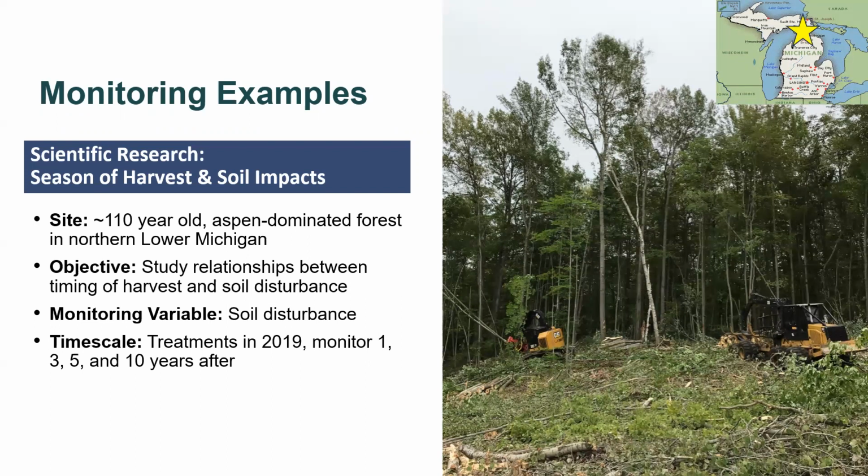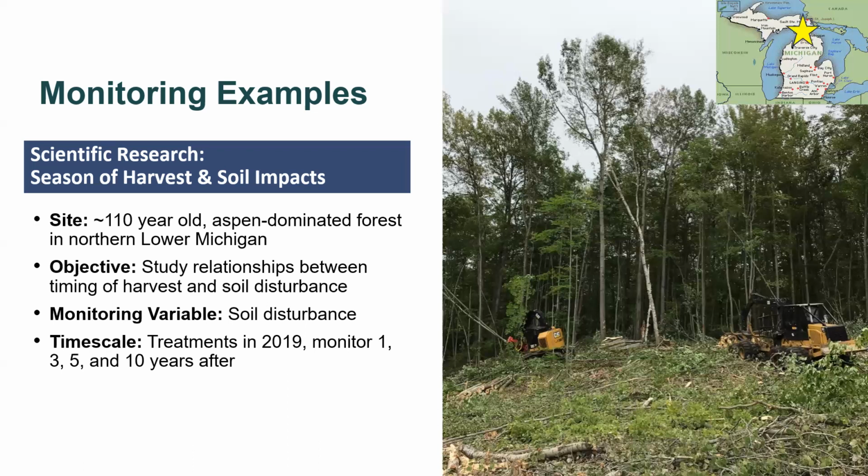The first of the examples that I'll draw on is from a climate adaptation experiment called the Adaptive Aspen Management Experiment. It had a scientific design, but it was also an operational scale timber harvest on university managed lands. So it ticks a number of boxes in terms of things that I'd like to talk about.